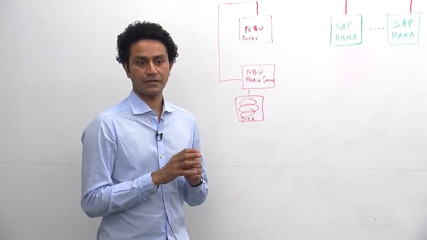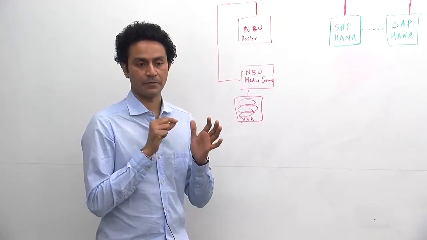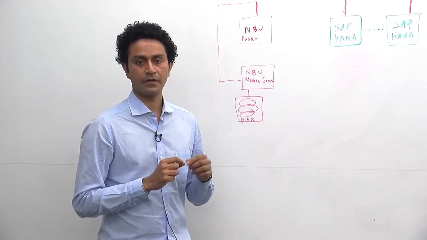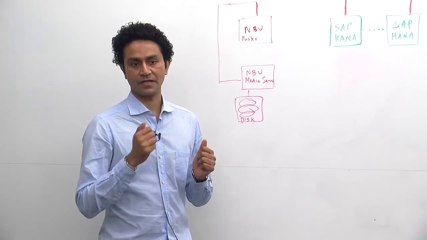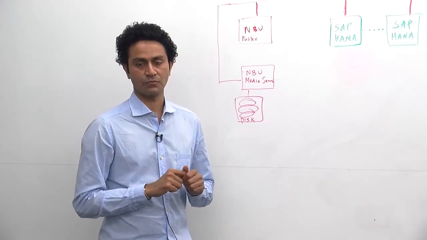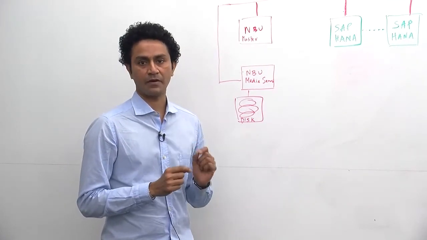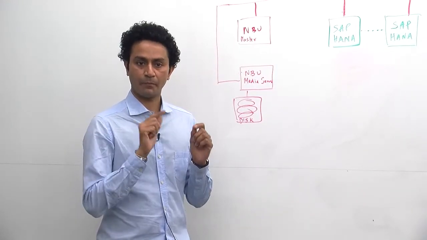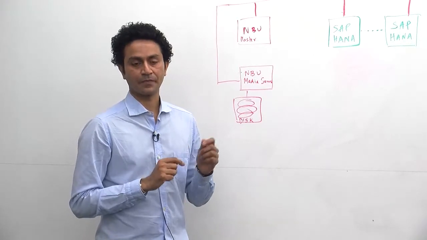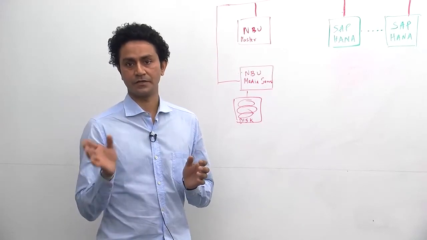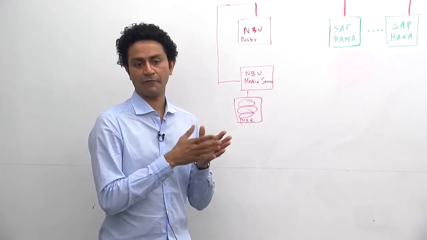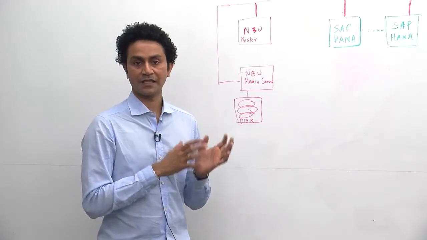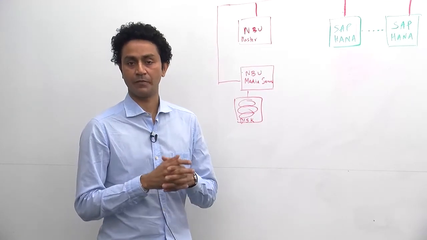The way we generate those backups is we generate a backup job for every service that you have running on the SAP HANA node. So if you have a processor engine or index engine, depending upon what engines are running on each of the nodes, we generate a job per engine. So it turns out to be an individual pipe for every single service, every single server, and that in turn turns into a backup job. So if you have a 4-node configuration and you have four server types running on each one of those nodes, ultimately you can have 16 jobs running at any point in time.